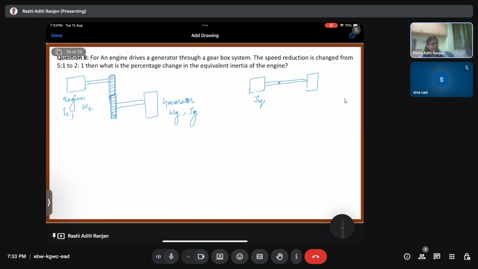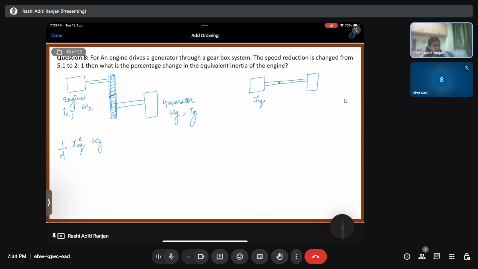So let the current energy be half J equivalent into omega g square. We are modeling it in terms of the generator, right? So if the generator has an angular velocity of omega g, the engine should also now have a velocity of omega g.